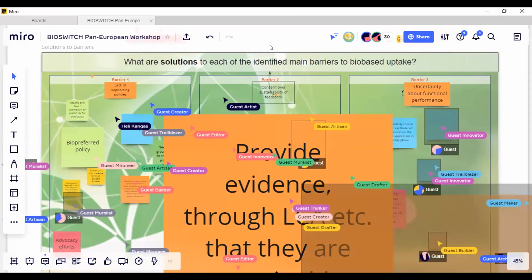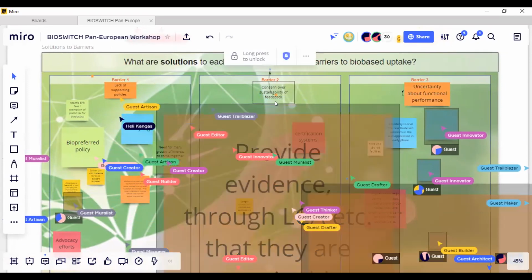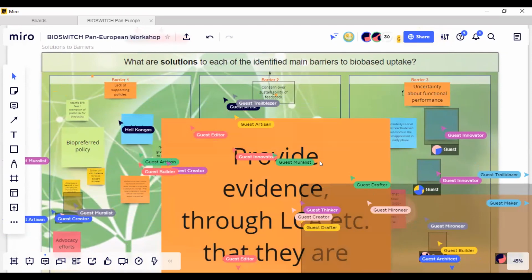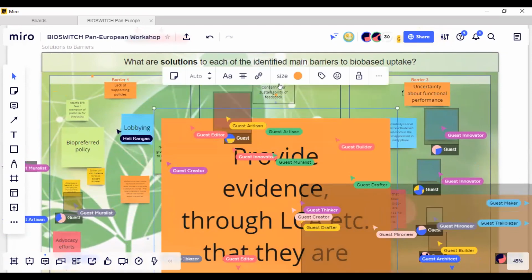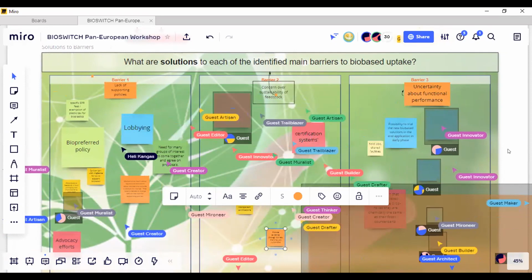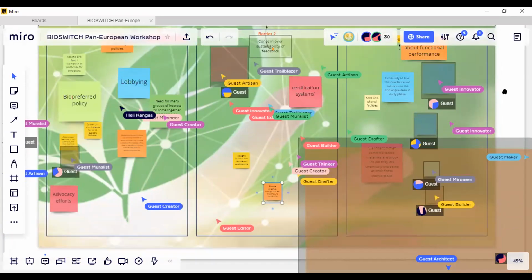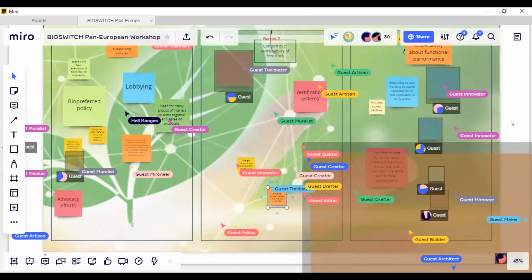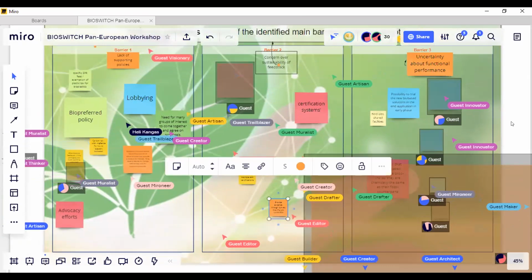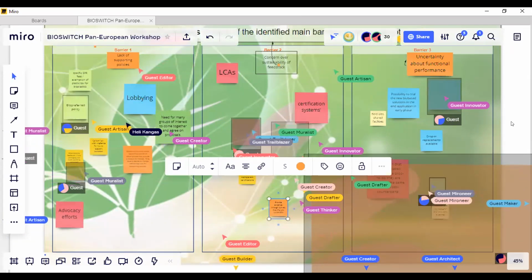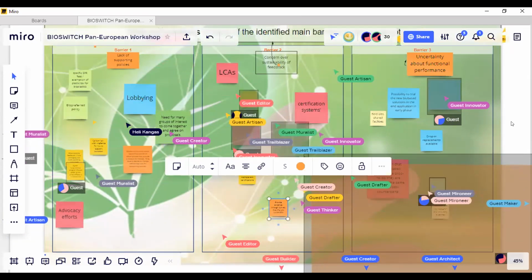Maybe while everybody's filling in their ideas, John and James, I could ask you a question that has come into the chat, that the main challenge is actually the lack of incentive for change. Do you see that the incentive to change, what is the kind of burning platform to stimulate the change?